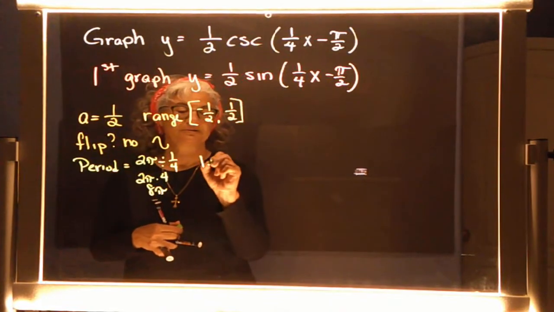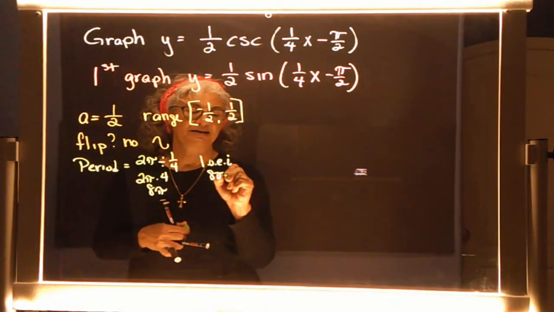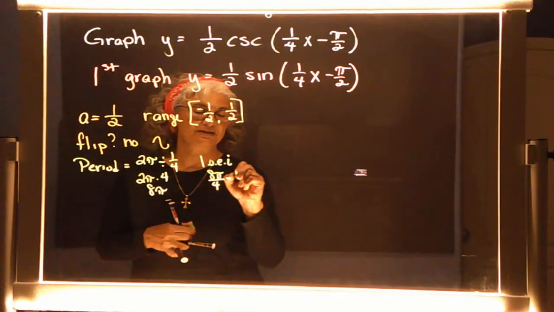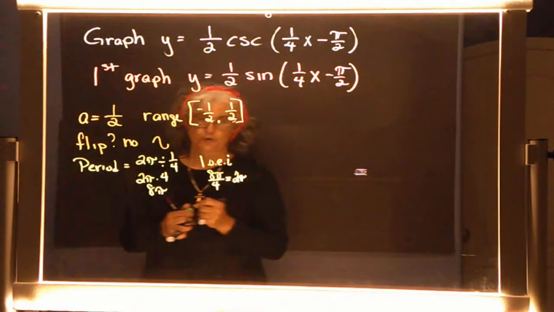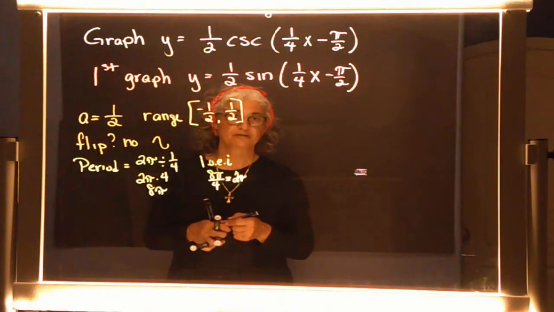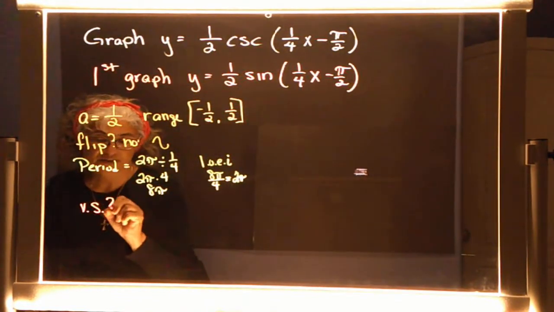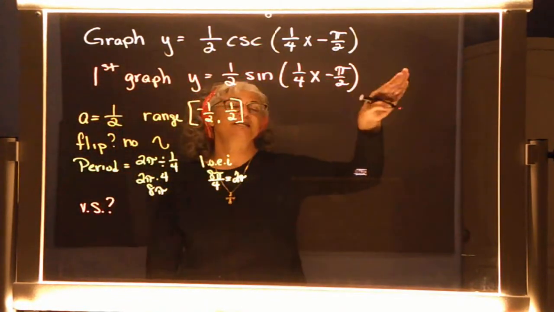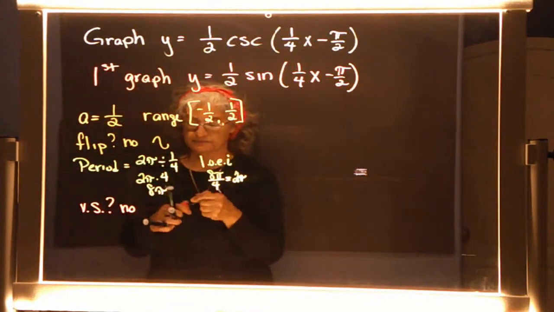The length of each interval, and that means you're going to take 8 pi and divide by 4, so the length of each interval is 2 pi, isn't it? Okay. What's after the period? Good, vertical shift. Do I have a vertical shift? Nope, because I don't see any number added over here. So the answer is no.